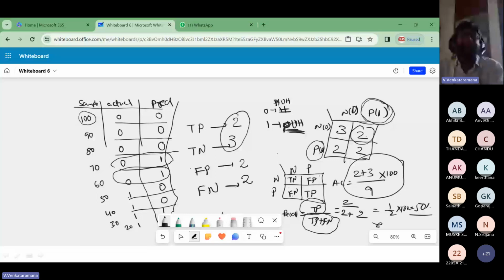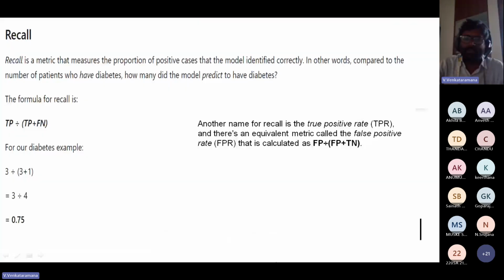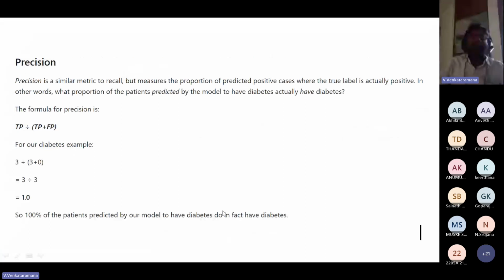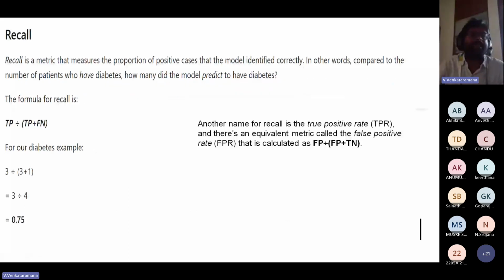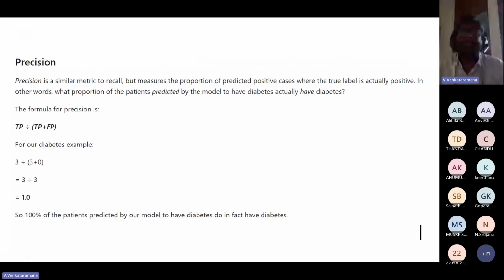Okay, and there is one more metric called precision. Precision is similar to recall, but with a slight difference. In the previous case, we considered TP divided by TP plus FN, but here we consider TP divided by TP plus FP, false positive.